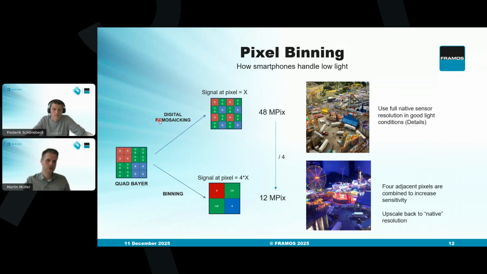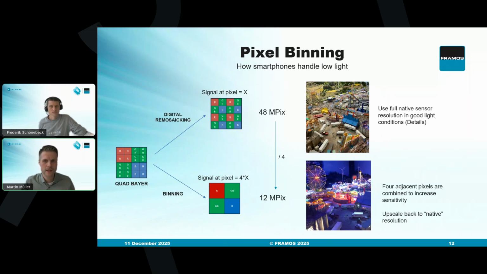And with digital remosaicing, which is a complex algorithm that needs a certain calibration, the smartphone can compute a real native 48 megapixel image, so at full sensor resolution, which is nice during daylight situations when you have sufficient light, when you don't have problems with noise and quantum efficiency at all. You can get very nice, sharp, detailed images.